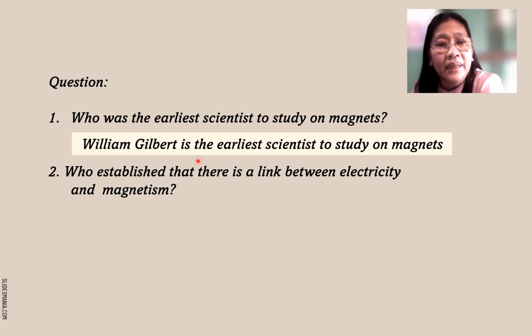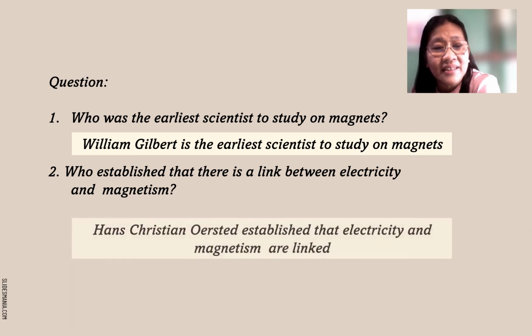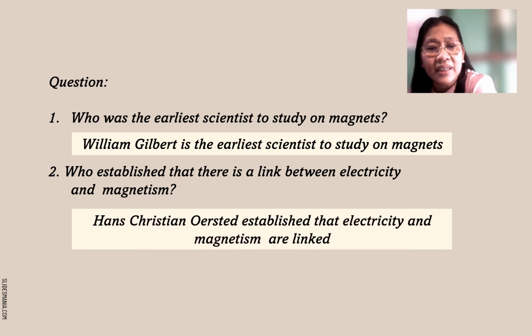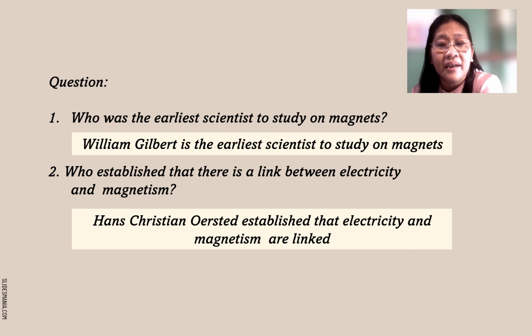Who established that there is a link between electricity and magnetism? Who is that scientist that proved that there is a relationship between electricity and magnetism? The answer is Hans Christian Ørsted. He established that electricity and magnetism are linked.